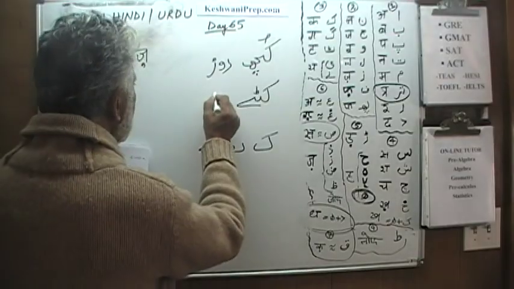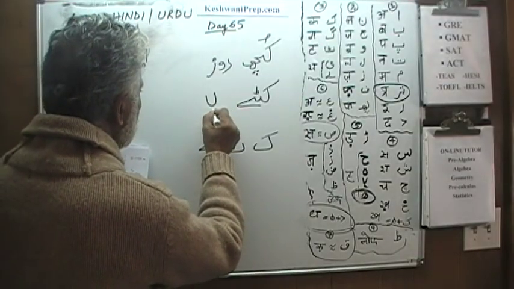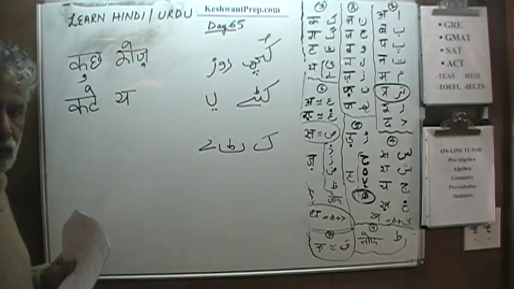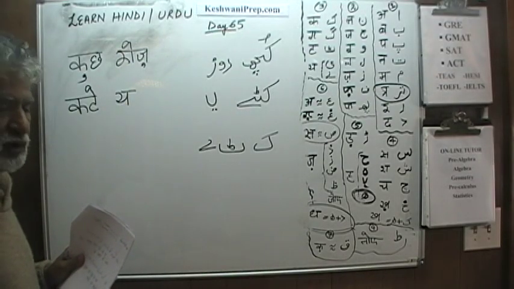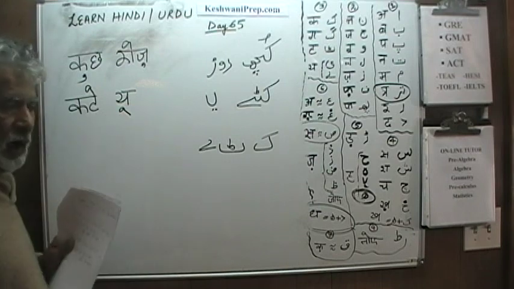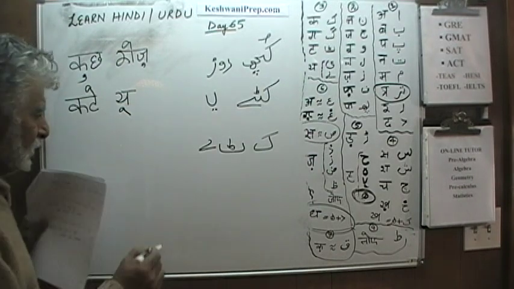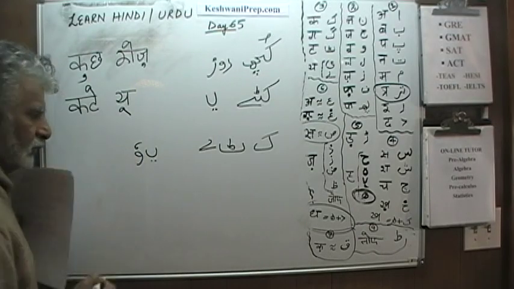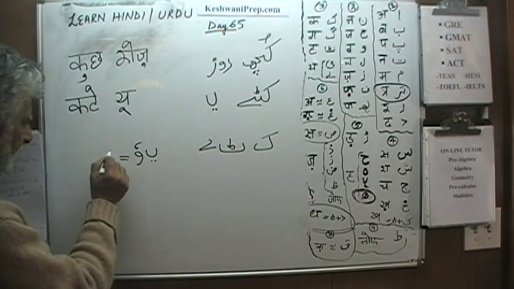Yun hi. There's your ya. We don't need a ya. We need a badi u ki matra, so it goes the other way. How do we make a badi u ki matra? You take your ya and we combine it with vav and an ulta pesh. When we do that, it's going to look like this.